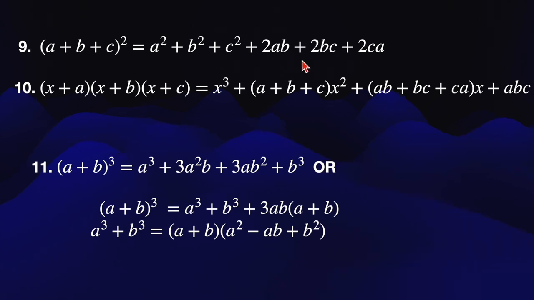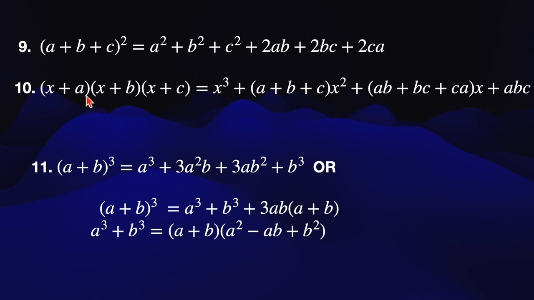Next one is (x + a)(x + b)(x + c). This is x³ + (a + b + c)x². So what is the coefficient of x²? a + b + c.